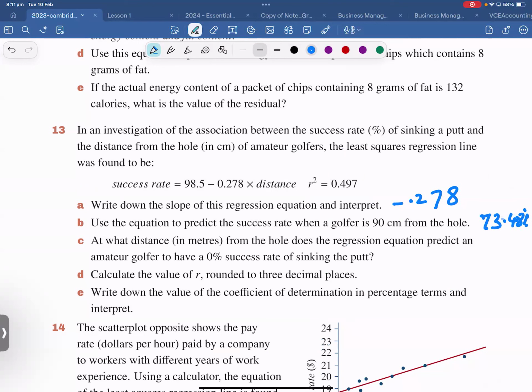They haven't mentioned decimal places. That means how many decimal places do we leave the answer? One, if they haven't told us. So 73.5%, then.